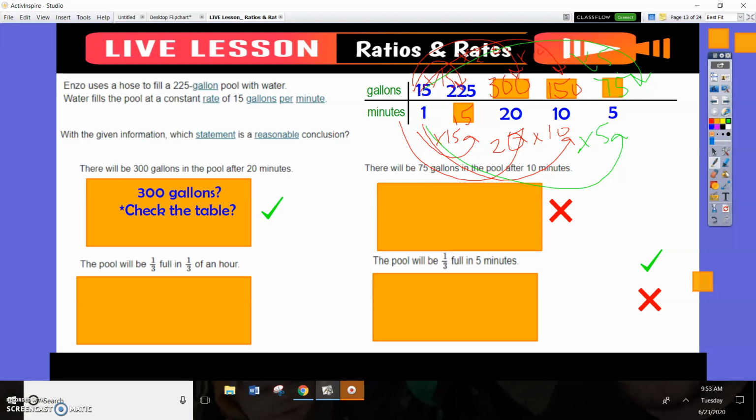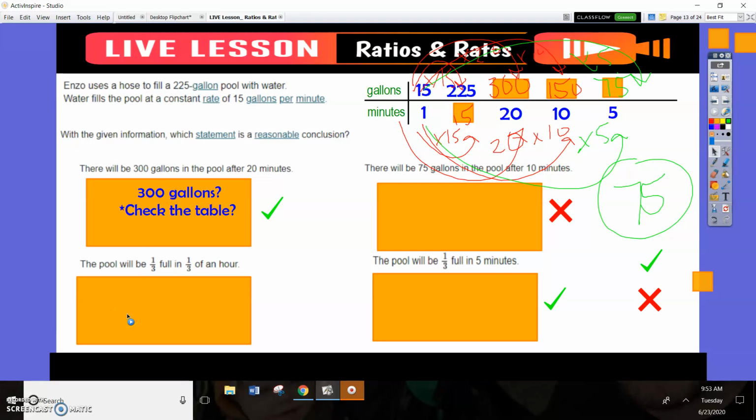Well, if I do 225 divided by 3, that's going to give me 75. So, is my pool 1/3 full in 5 minutes? Yes, it is. I have 2 checks.